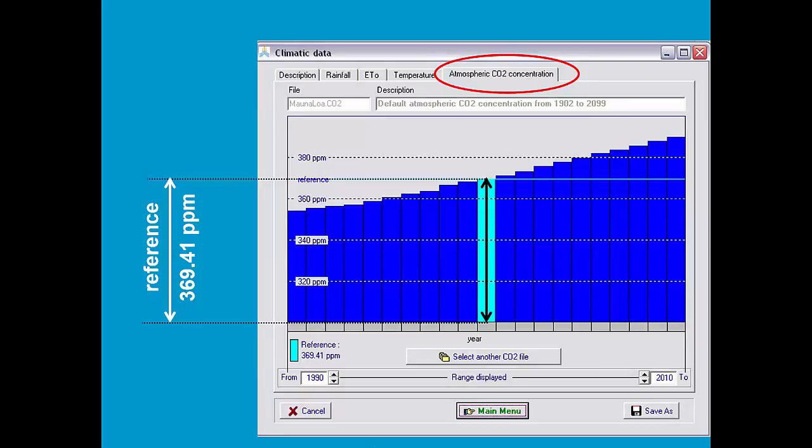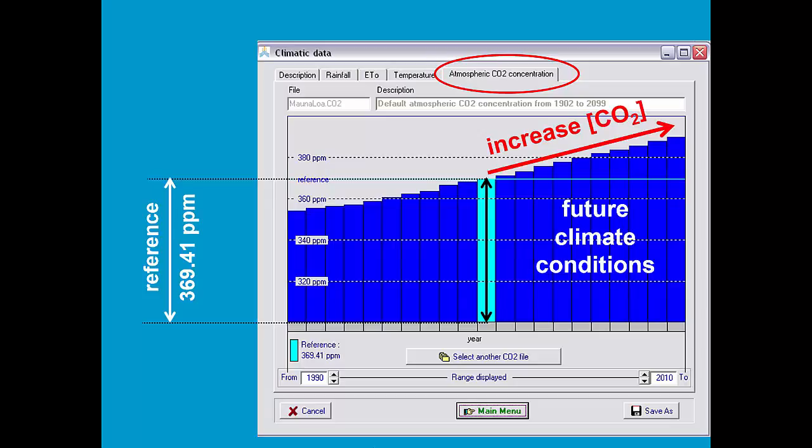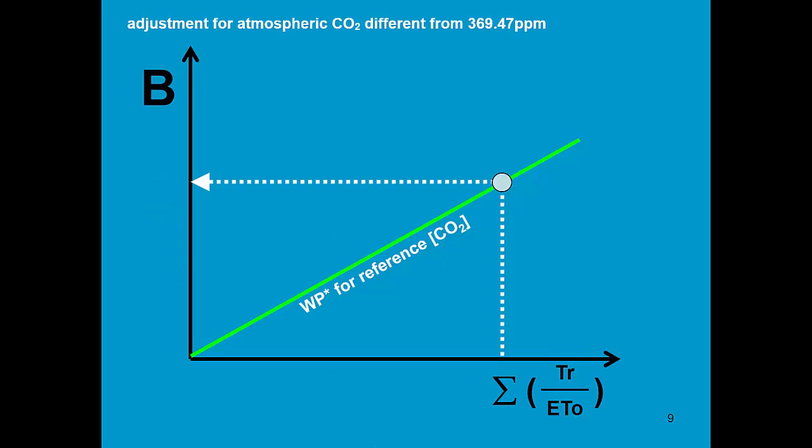Climatic data consist of rainfall data, ET0, and temperature data. Additionally, also the mean annual CO2 concentration has to be specified. We see that for future climatic conditions, the CO2 is increasing. This has an effect on the biomass water productivity.